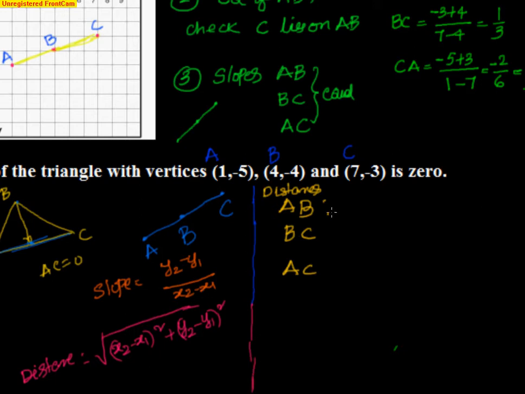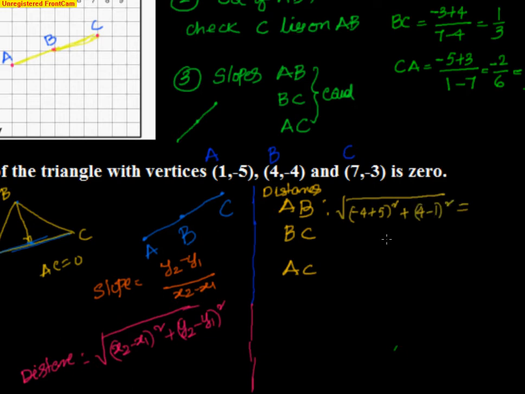Now let's do the distance between AB. What is the distance between AB? Okay, that is square root of x2 minus x1 whole square, that is 4 minus 1 whole square, plus minus 4 plus 5 whole square.